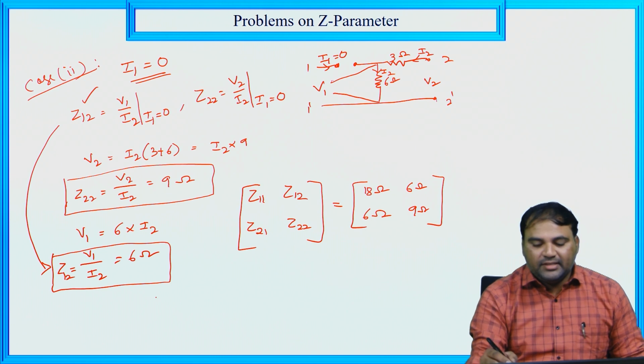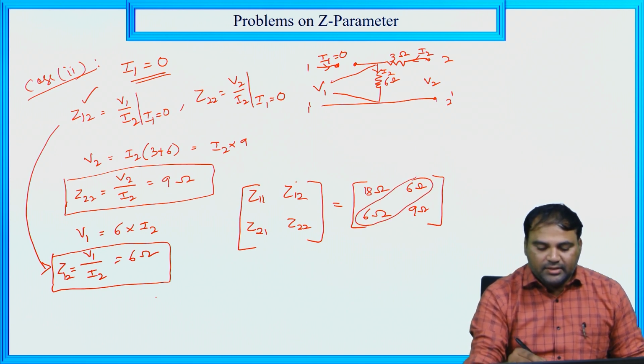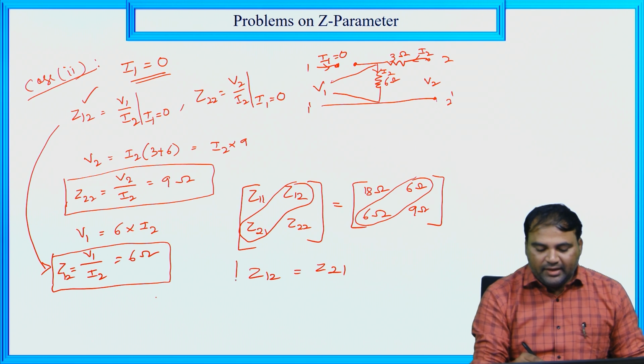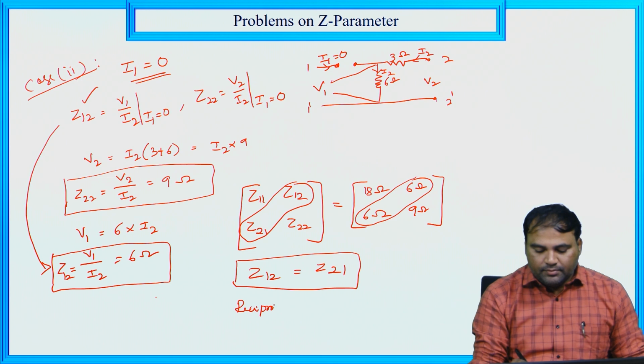Now for these Z parameters, these two are the same, meaning Z12 is equal to Z21. If this condition is satisfied, reciprocity is verified.